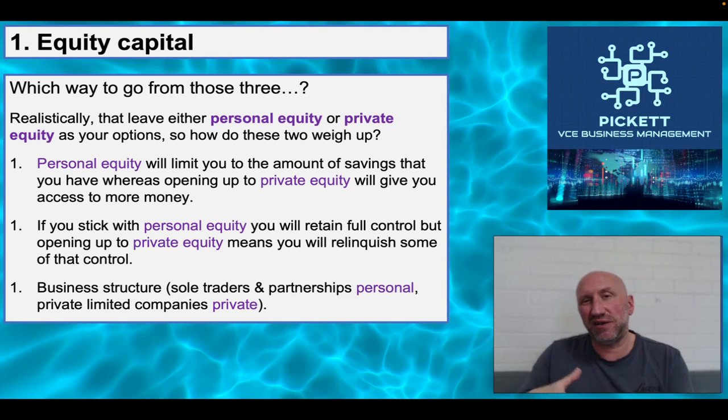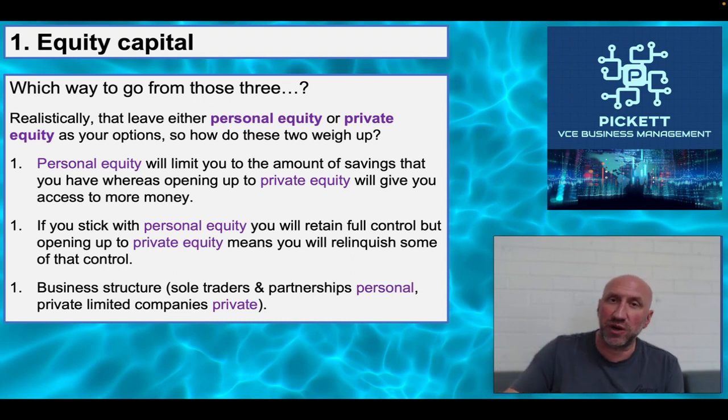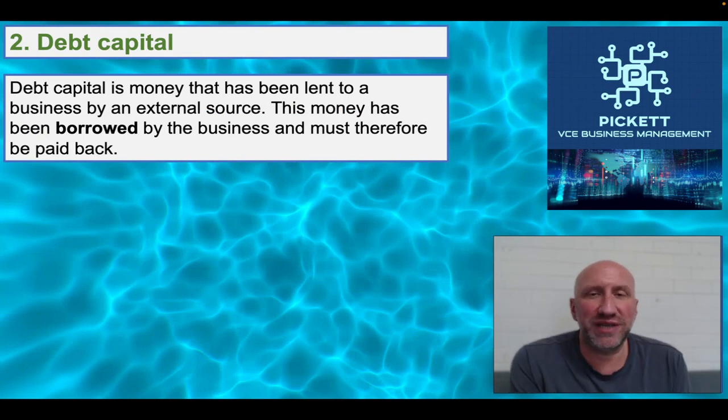But then on the flip side, do you have the money? Of course, don't forget that we're looking at other sources of finance in this video as well, so you can have a mix of both. Business structures, sole traders and partnerships, personal, probably. Private limited companies often might go to private equity is how that tends to play out.